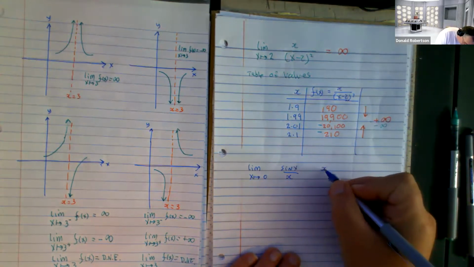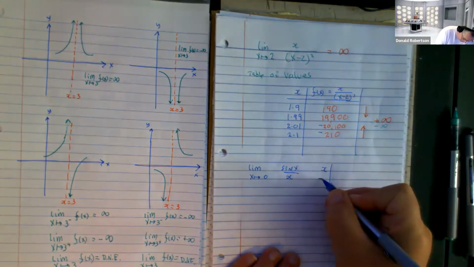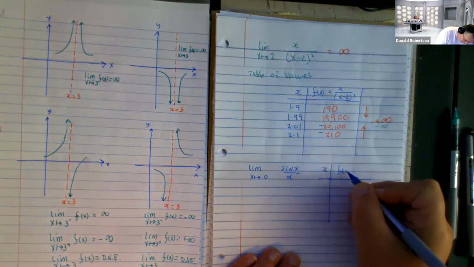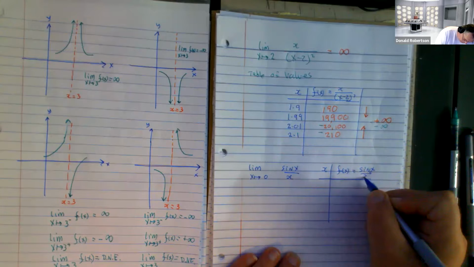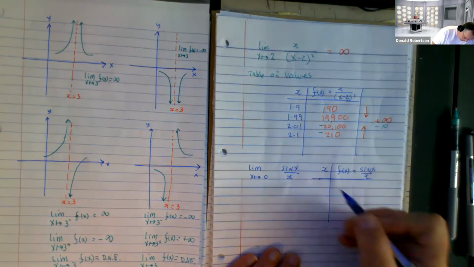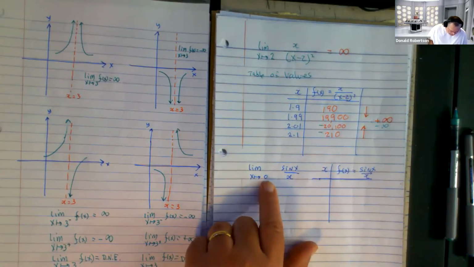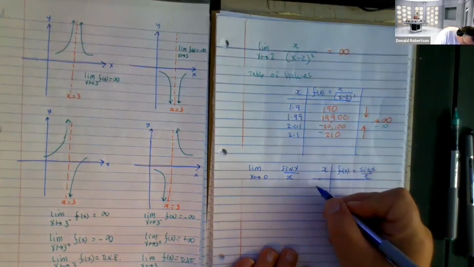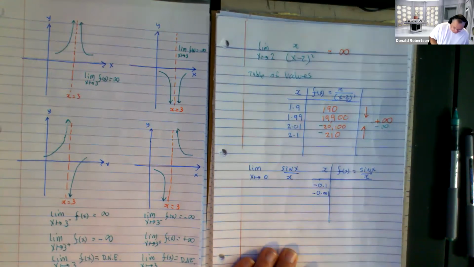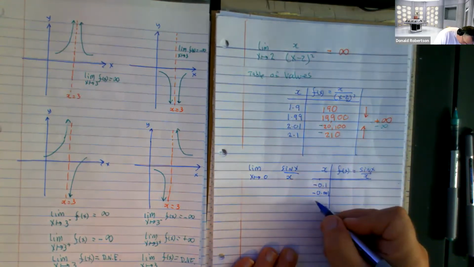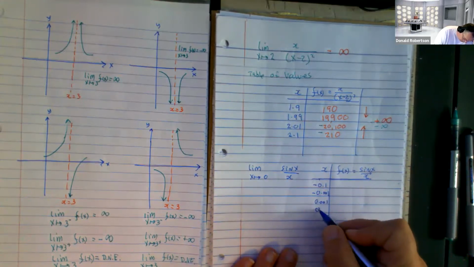So I'm going to set up our table of values, and we're going to use it on this situation. Now, since I'm interested in getting close to 0, how about negative 0.1 and negative 0.001, and positive 0.001, and positive 0.1, right?